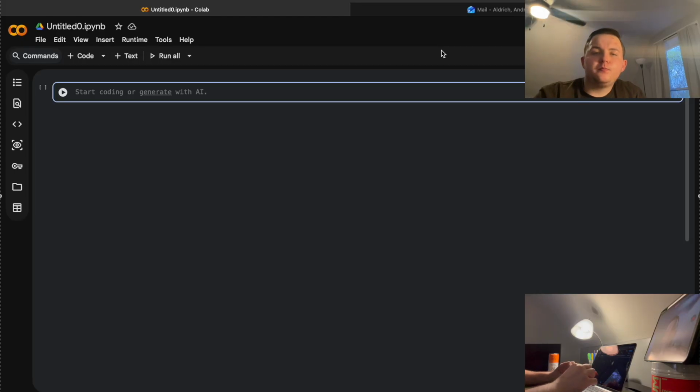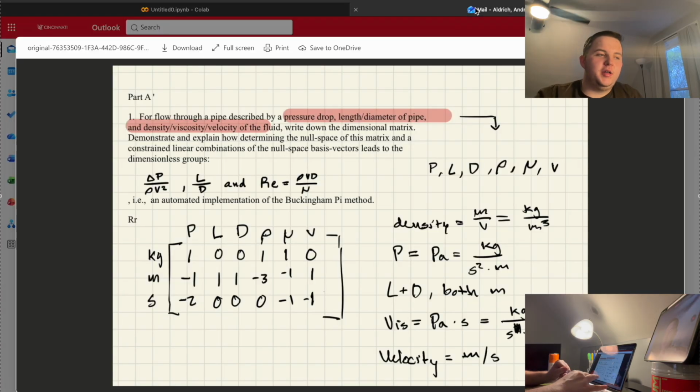Okay, so I switched over our cameras and we're in Python now on Colab. I just have a new sheet started here. Up here in my inbox, I just have a screenshot of what we just did on the iPad, so we can look back at that for the array.